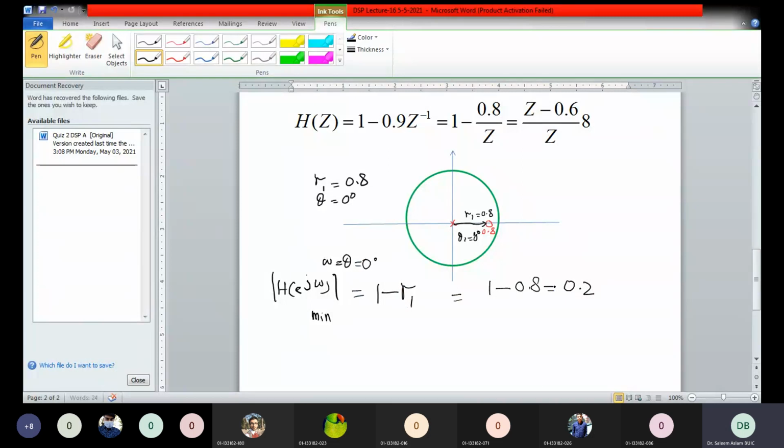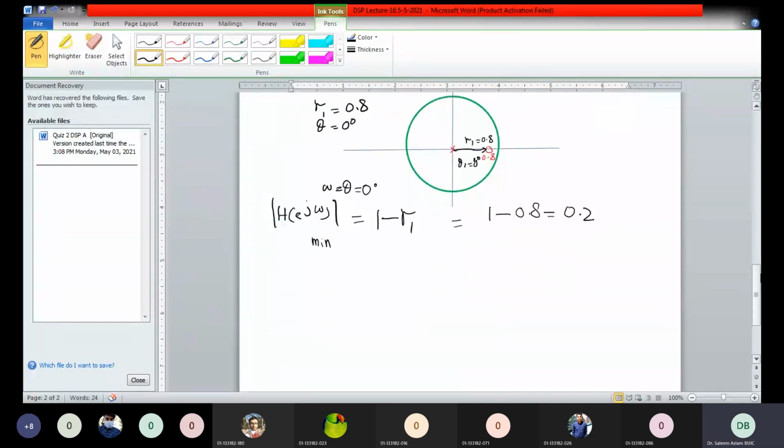So now the minimum value of this function would be 0.2. What about the maximum value? It's 1 plus r1. The maximum value would be at pi plus theta, that is omega is equal to pi plus theta. Pi is 180 degree. So pi plus 0 degree is again pi. So now we have a maximum value at pi, and that is equal to 1 plus r1, which is equal to 1 plus 0.8.